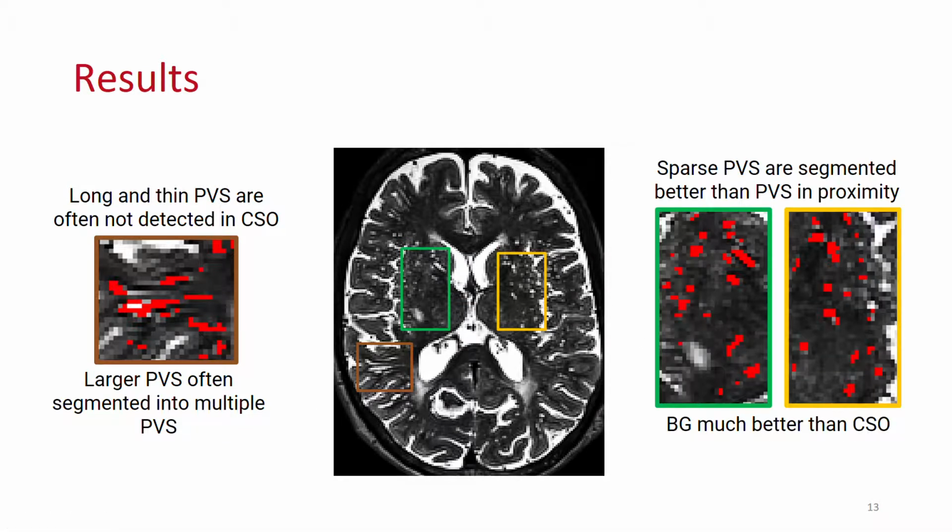The second effect is that sparse PVS are typically segmented better than those in proximity. This has to do with the multi-scale approach in the Frangi filter that tends to combine PVS that are near each other. In general, the segmentation in the basal ganglia was much better than that in the centrum semiovale, because motion artifacts are much more detrimental in the central semiovale than in the basal ganglia.